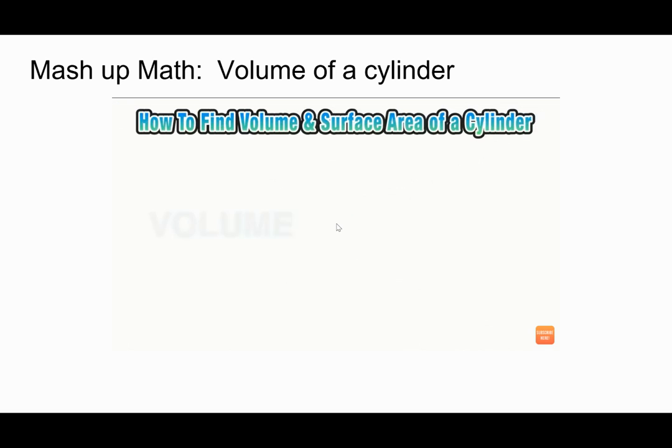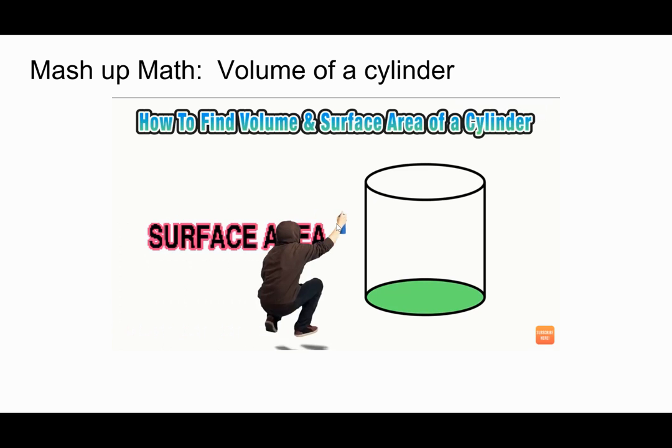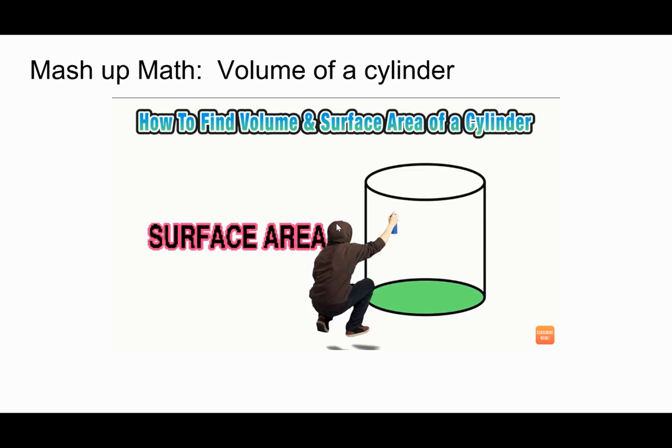Now we know that volume represents the amount of space inside of a closed figure. So we can think of the volume of a cylinder as how much it can hold inside, maybe if we were to fill up a bucket with green paint. And we know that surface area represents the amount of space it would take to cover up the outside of a figure, like if you were going to wrap it with wrapping paper or maybe spray paint it with some kind of a design. We're going to probably deal with surface area next week.